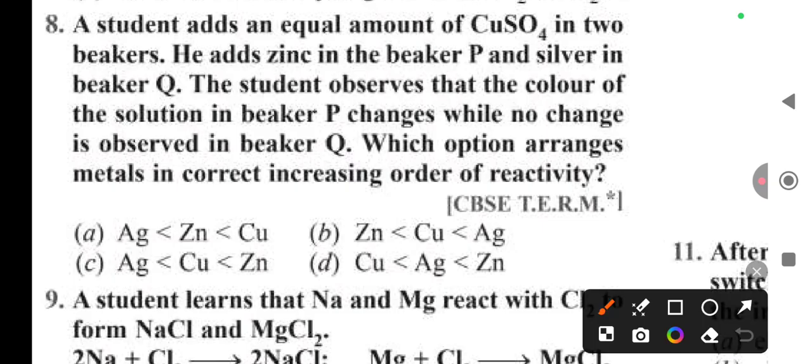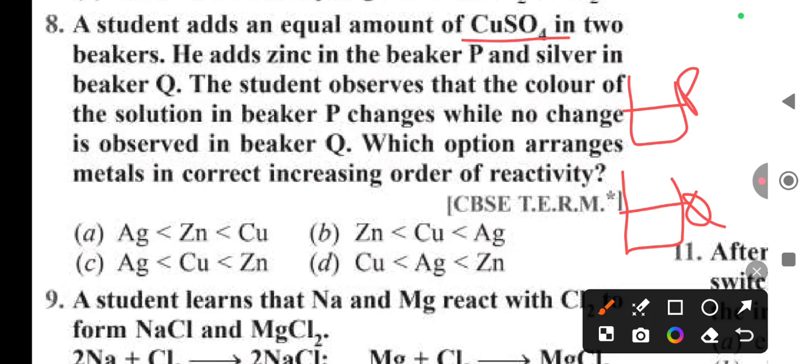Two beakers you have taken. It is the P beaker and it is the Q beaker. In both beakers you have taken copper sulfate. In P you have added zinc.